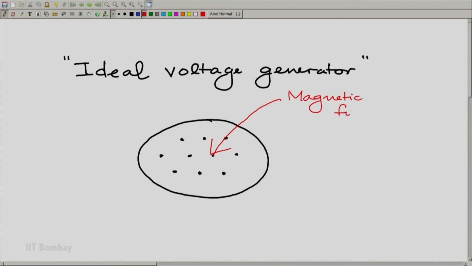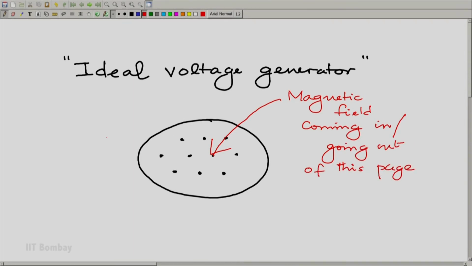So, you have a magnetic field coming in or going out of this page, and you have this coil. The coil changes orientation with respect to the magnetic field. So, you can visualize it rotating along one of the axis that would allow it to change that orientation.